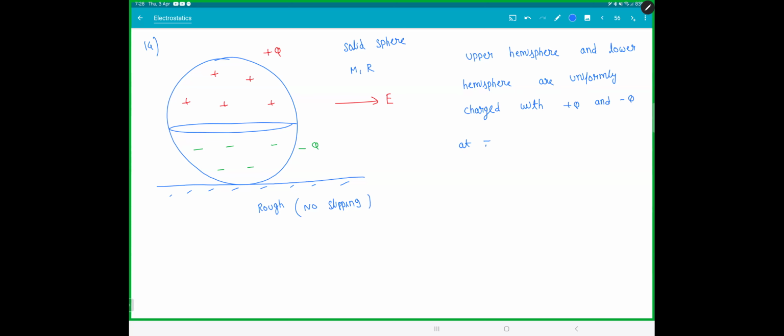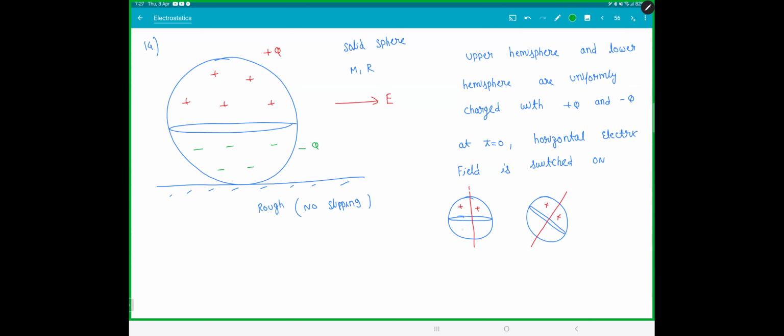At t equal to 0, a horizontal electric field is switched on, so this thing will start rotating. If you look at the picture, initially the sphere was like this, and now it would become like this, with the positive on top and the negative below. So the sphere must have rotated by an angle theta. Find the angular acceleration alpha and omega as a function of theta.